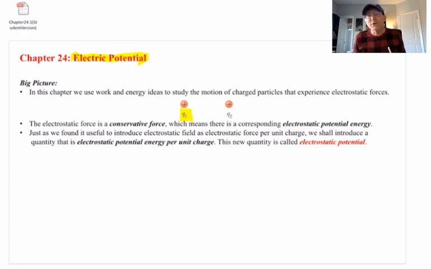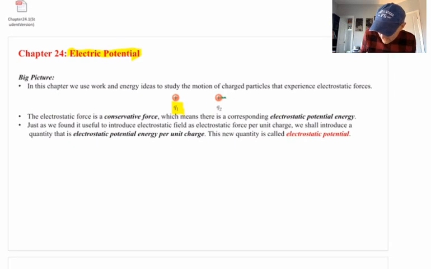Once I let go of charge 2, will it not experience a force from charge 1? What will be the direction of that force on 2 due to 1? Did you say directly away from 1, like this? F2,1. The electrostatic force on 2 due to 1 will be directly away.